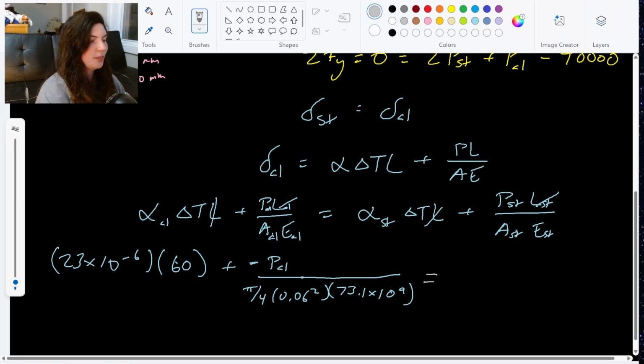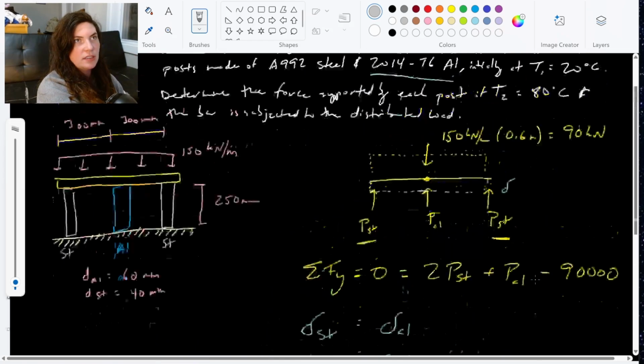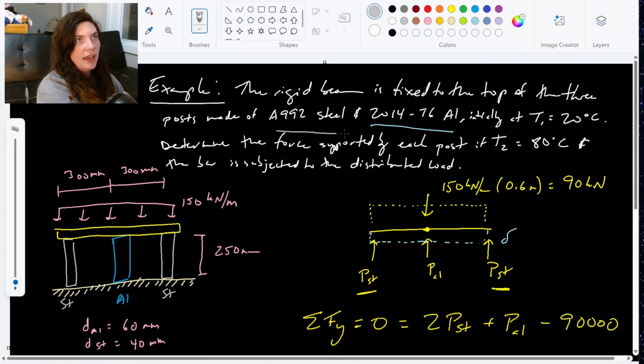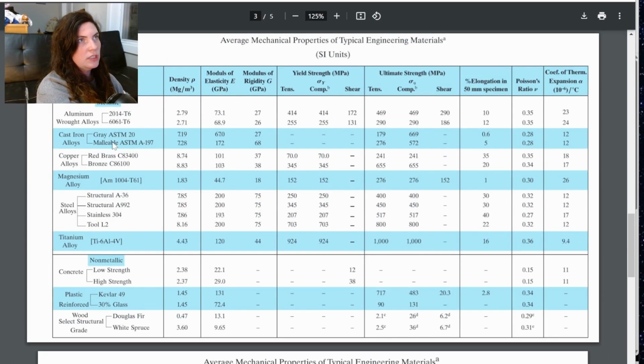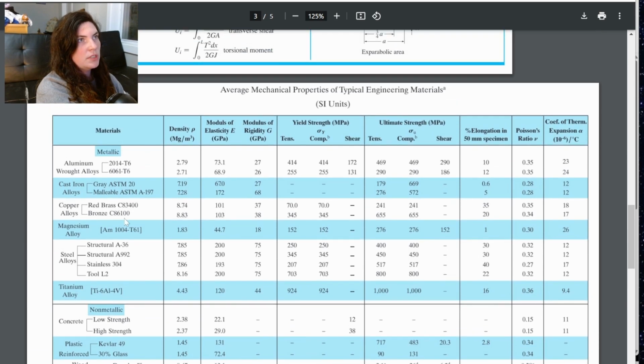We'll need to pull our coefficient of thermal expansion and modulus of elasticity for A992 steel. Open up our table. I'm going to take a look down here. It's right under our favorite guy, A36. Our second one down. So his modulus of elasticity is 200 gigapascals.